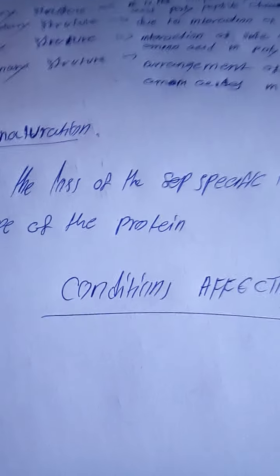Some conditions or factors that affect the denaturation of a protein, or rather the causes of the denaturation of proteins. Conditions affecting the protein structure. So there are some conditions that make the protein not function properly.